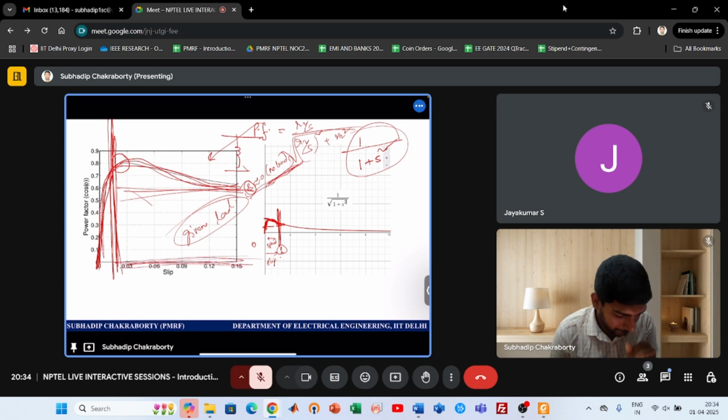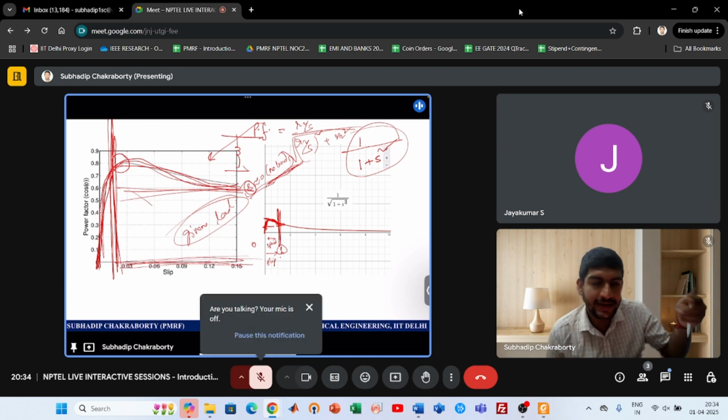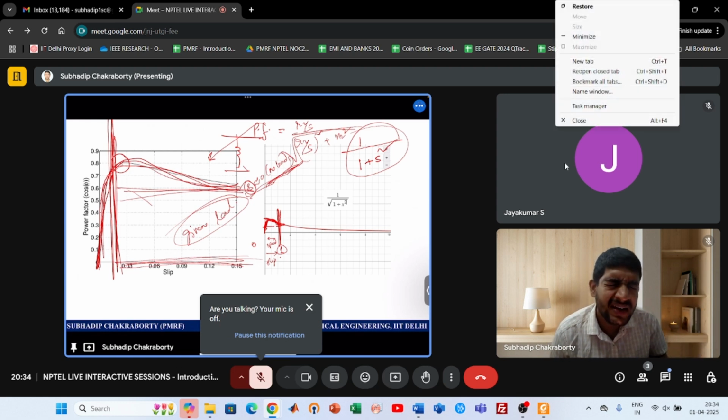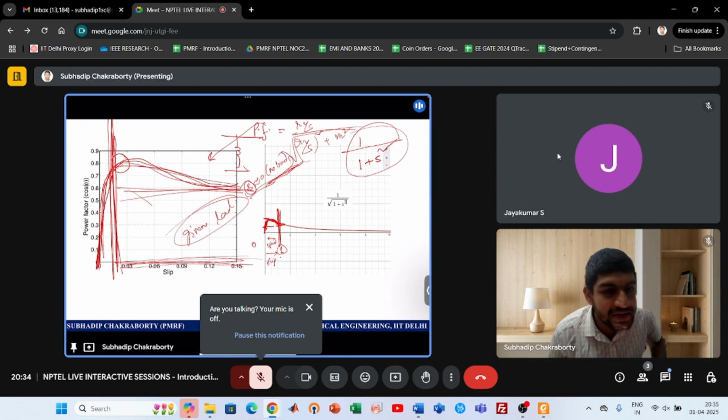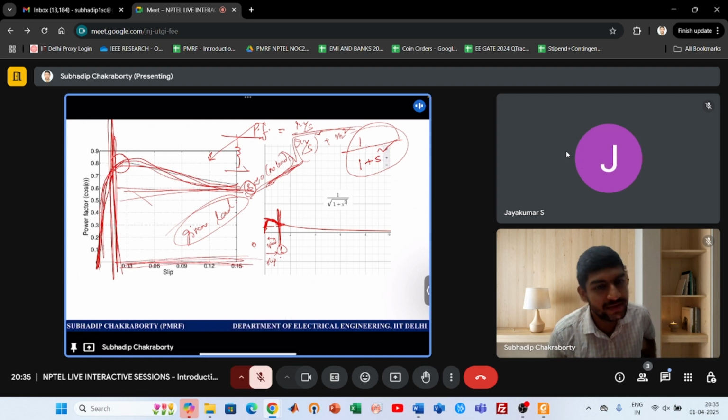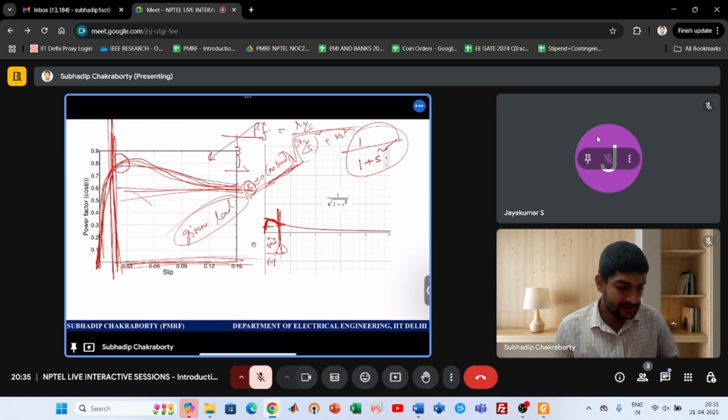Then you will find that on slightly reducing the slip, the power factor is improving, but not much. If you take it too low for a given load, then the power conversion will stop, because at synchronous speed the EMF induced in the rotor will be 0 and hence power conversion will stop, as you will not get torque. Understood or not? This curve is understandable, I think.